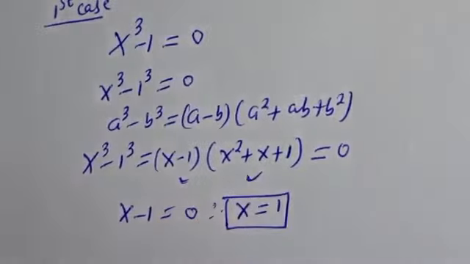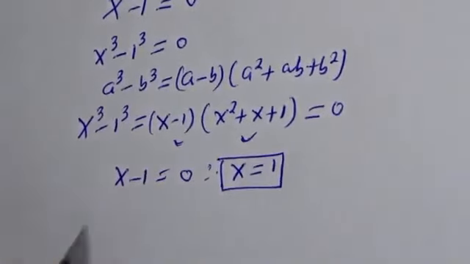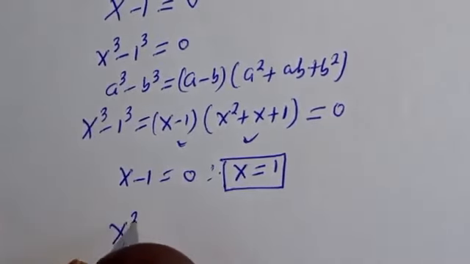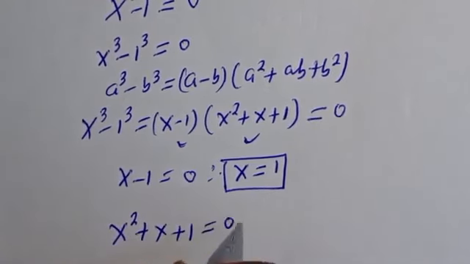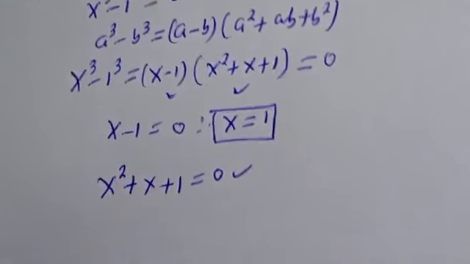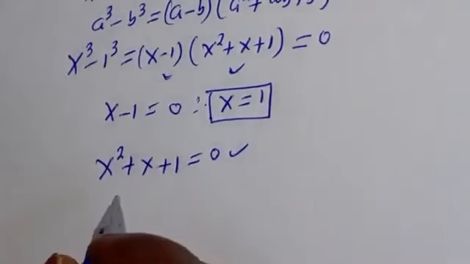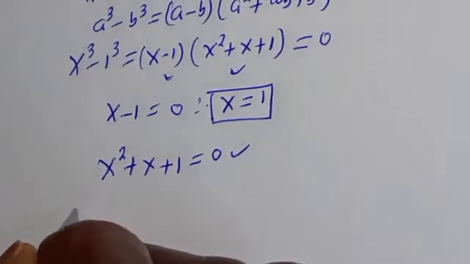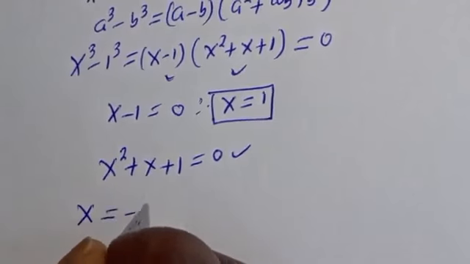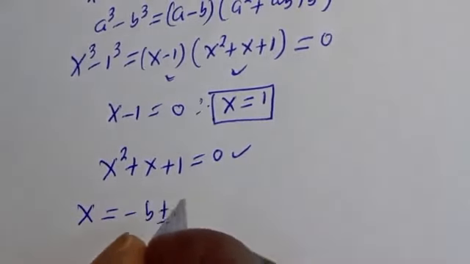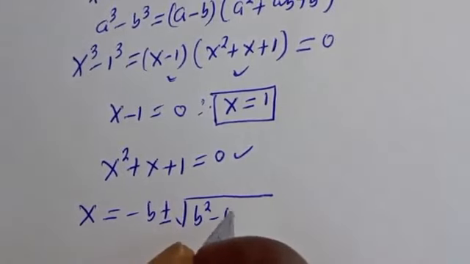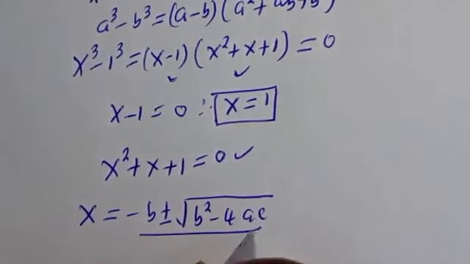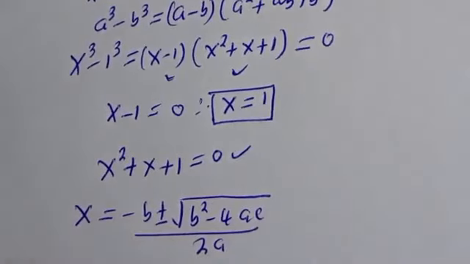And from the second case, s squared plus s plus 1 is equal to 0. This is a quadratic equation which can be solved using the quadratic general formula. The quadratic general formula is given as s is equal to minus b plus or minus square root of b squared minus 4ac over 2a.